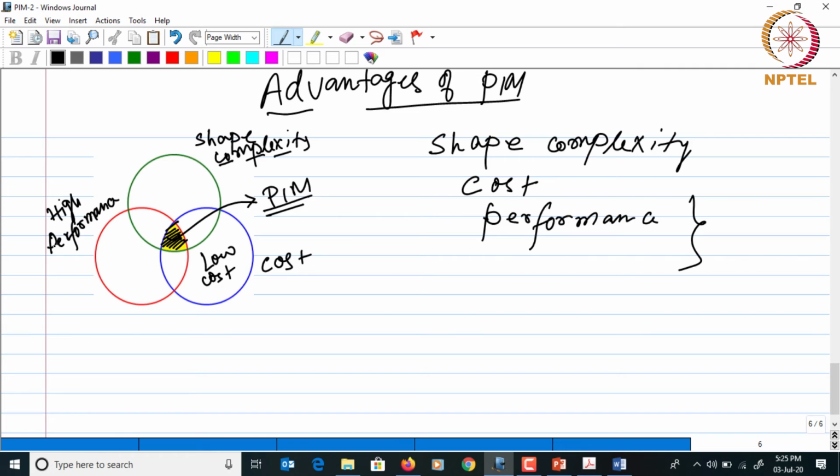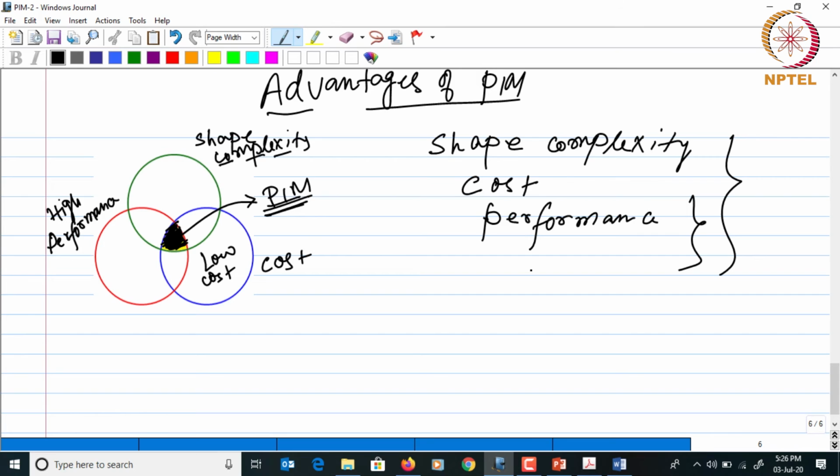Okay, so all this can be obtained into one process if that process lies in this intersection. Okay, so this is where the PIM process will lie, and that is why it can provide all these advantages in one single process.